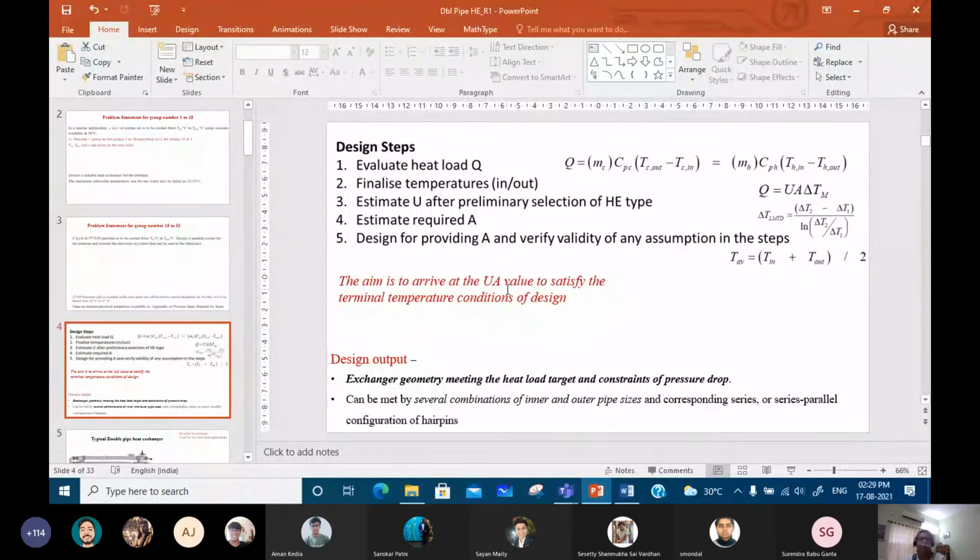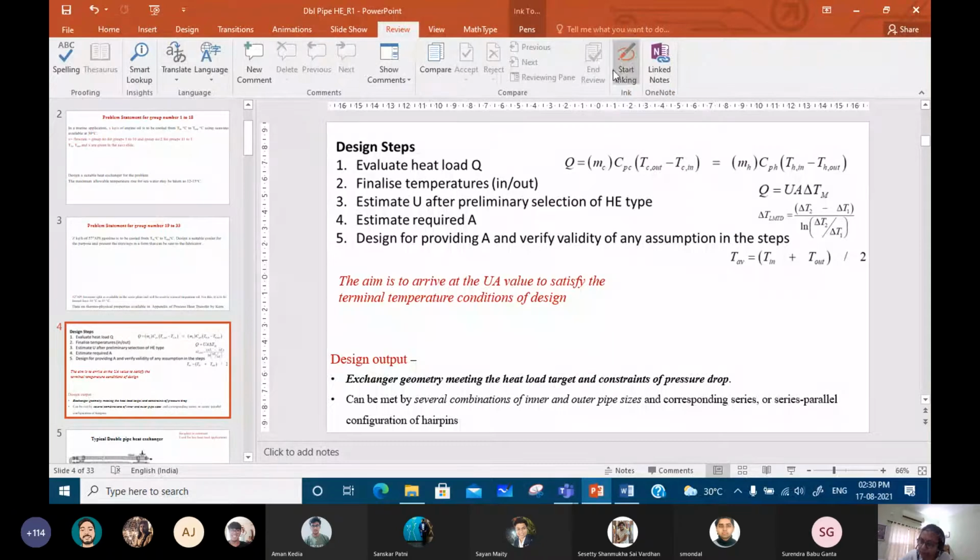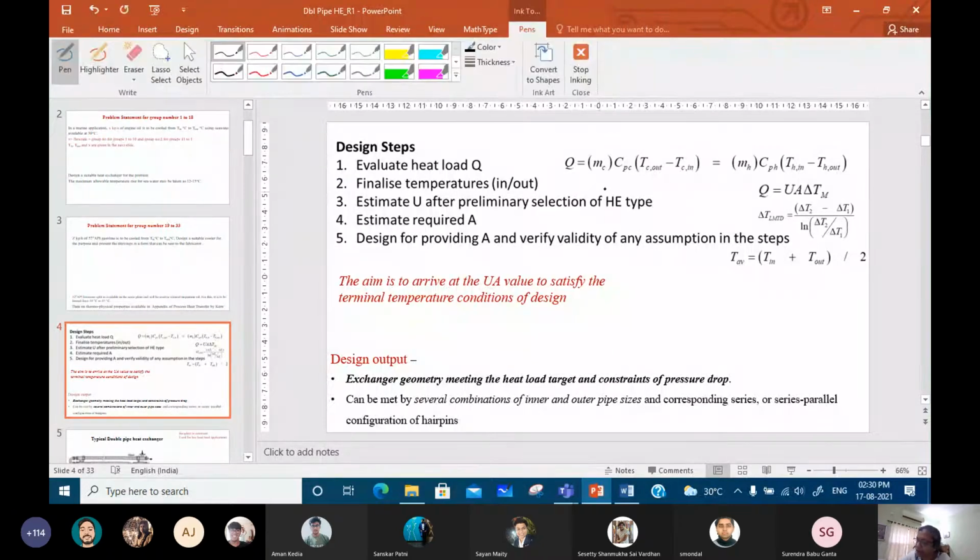So in brief, the design steps were already discussed in the last class. What you are first required to do is to evaluate the heat load, which is pretty simple. You do not require to come to the design class for doing it. You have already done the heat transfer class, so you are already aware of this heat balance equation which you are going to use.